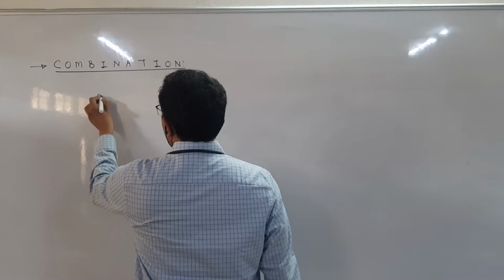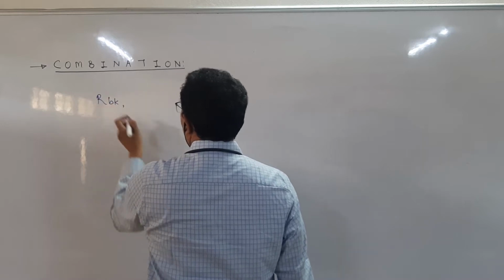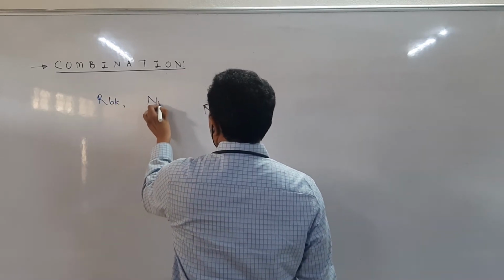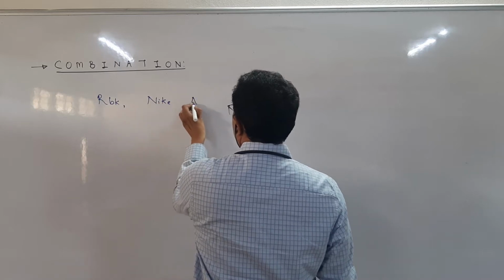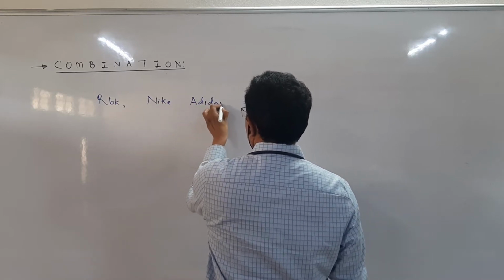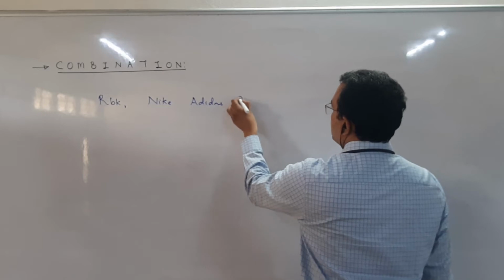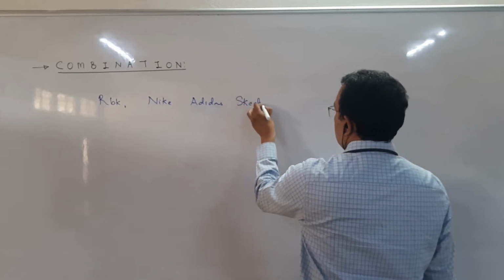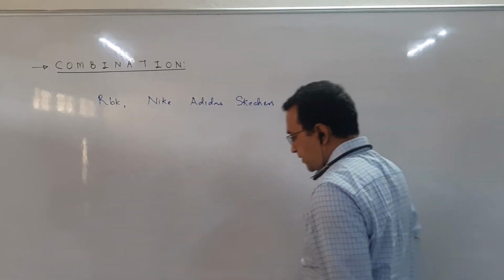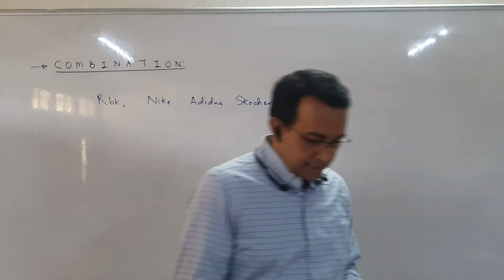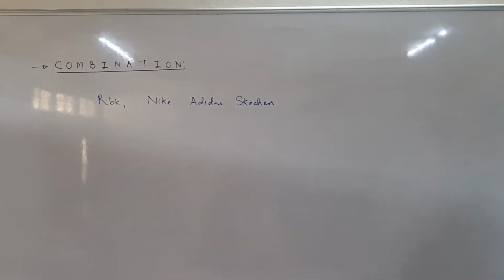The first is Reebok, then Nike, then Adidas, and then Skechers. These are my favorite companies for buying a pair of shoes. I always choose my pair of shoes from these 4 companies as far as sports shoes are concerned.